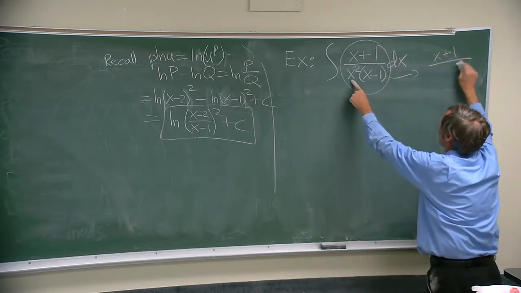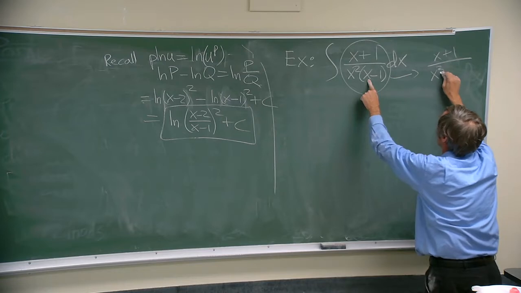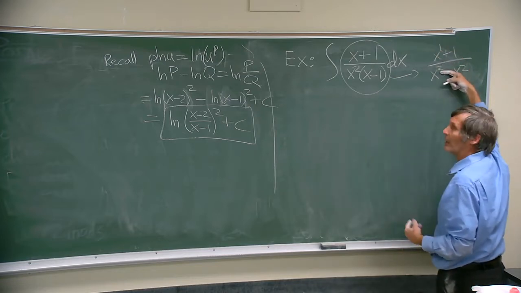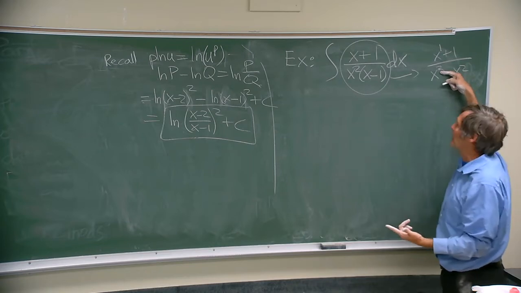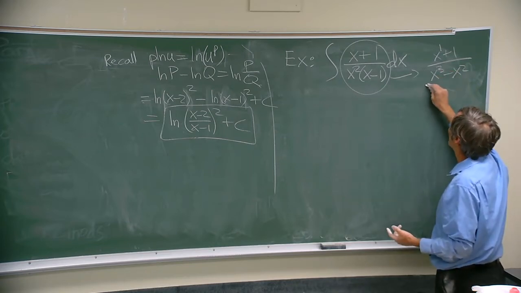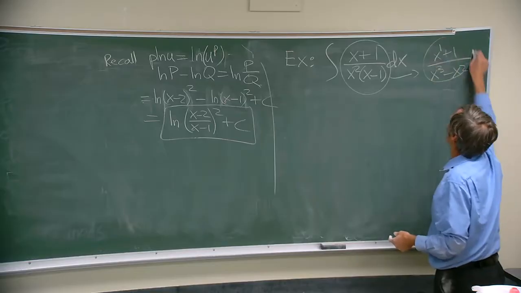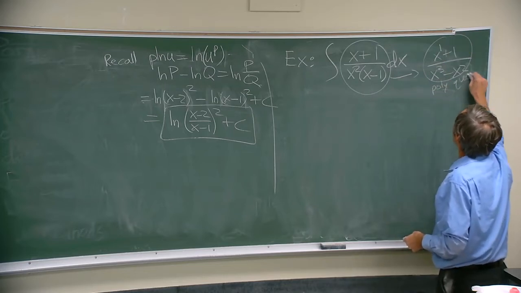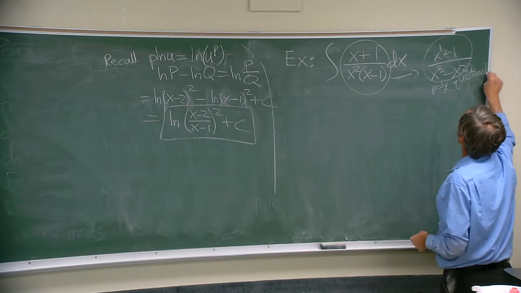Oh, wait a minute. If I think about this, it's x plus 1 on the top, and if I multiply the bottom out, it's x cubed minus x squared. It's a polynomial of degree 1 over a polynomial of higher degree. I can use partial fractions to write this out, right? This is a quotient of polynomials.